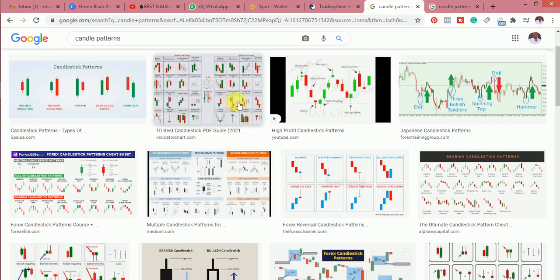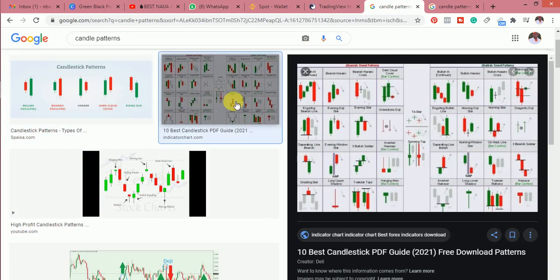If you check this particular chart, this is the one that I expect you all to download and understand fully, to know the shooting star and the hammer, and then the upside down hammer, the hanging man, all of them, they have what they depict.